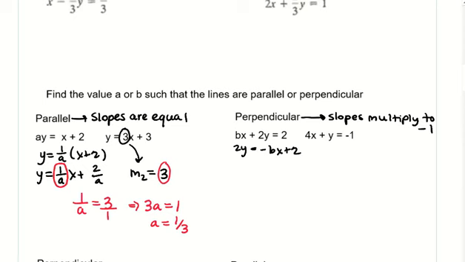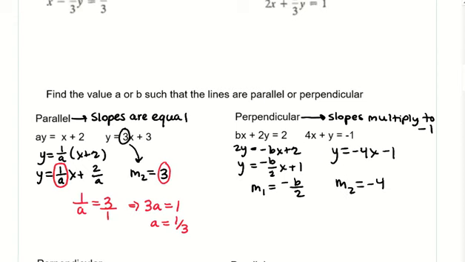I'm going to divide everything in half. Here I'm going to subtract 4x to solve for y. So the first slope is negative b divided by 2, and the second slope is negative 4.